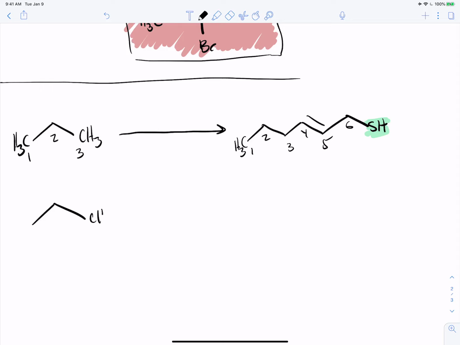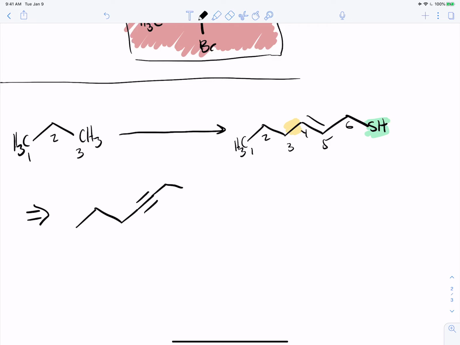Okay. So again, since we've already worked this problem, I'm not going to go through it, but we're going to break there. And if you want to do a retrosynthetic analysis to get going, we can do that. So if we go backwards, again, we're going to get rid of the thiol first.